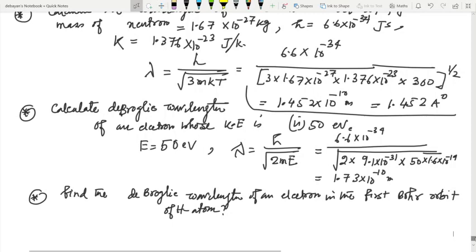So you have to calculate the energy of a proton having that de Broglie wavelength.